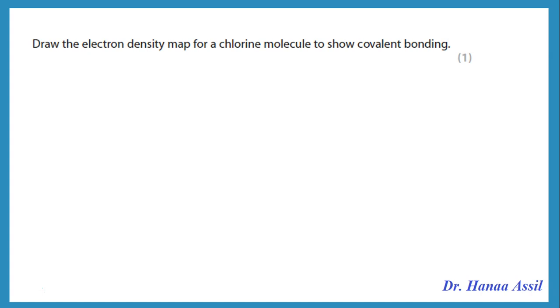Again, if we're required to draw the electron density map for a chlorine molecule, of course, chlorine molecule means two chlorine atoms having covalent bonds. So to draw the electron density map, we have overlap of the contour line for the outer energy level to indicate the sharing.